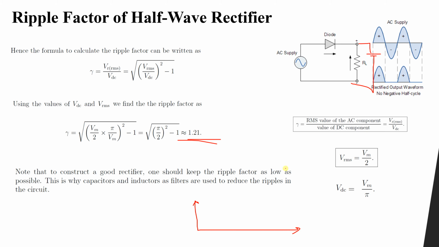It goes up like this, then starts discharging and goes down, then goes up again, then down. This in the end depends on the value of the capacitor used. The higher the value, the lower the ripples you will have in the output waveform.